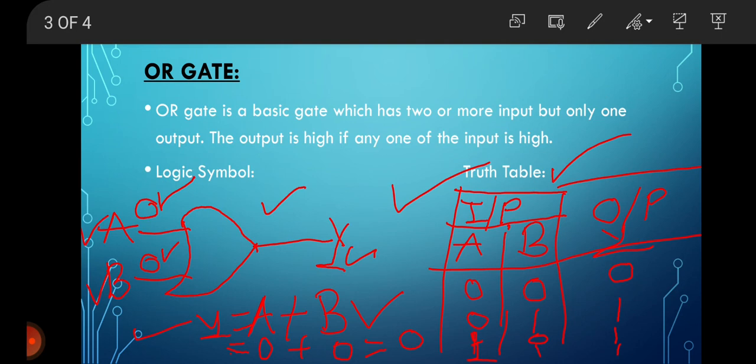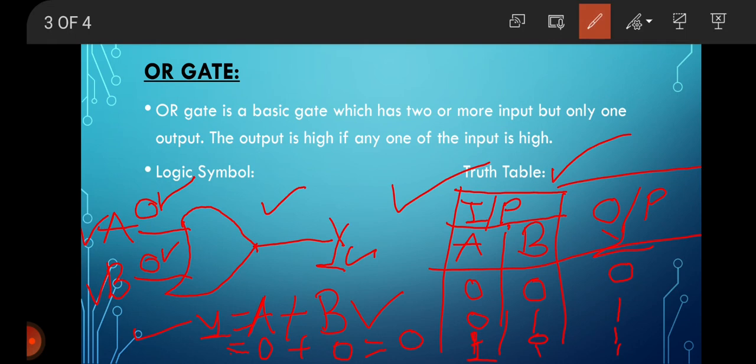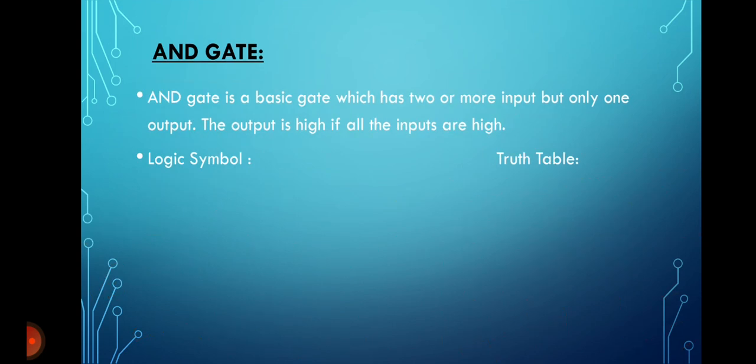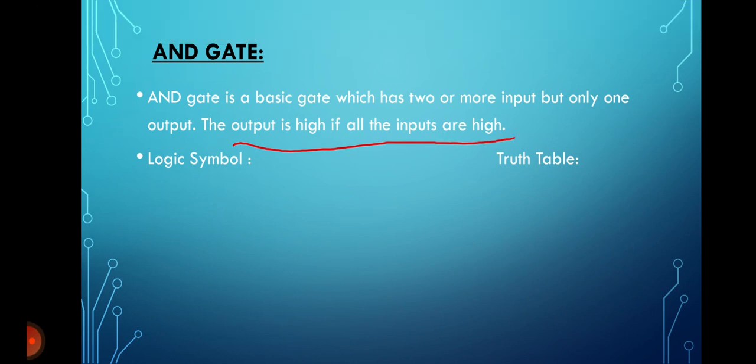If either input A or B is high, we get a high output. But in this AND gate, the output is high only if all the inputs are high.